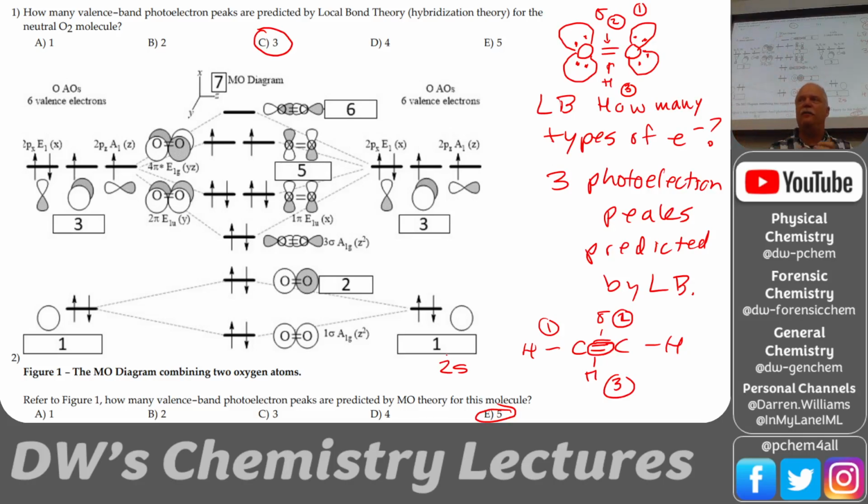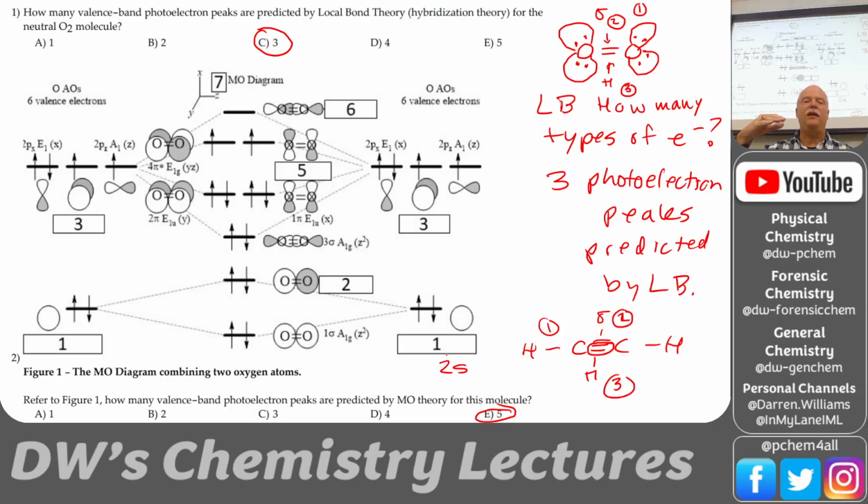I just want to emphasize that the MO diagram is only the valence electrons, so the core electrons are not shown. They're there, they're just really low in energy. Remember I did carbon monoxide, and I showed the whole thing with the 1s orbitals for the oxygen and the carbon, and the valence levels were way up at the top.